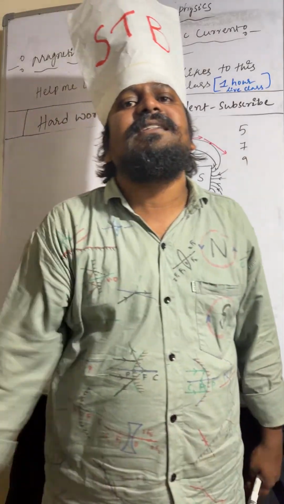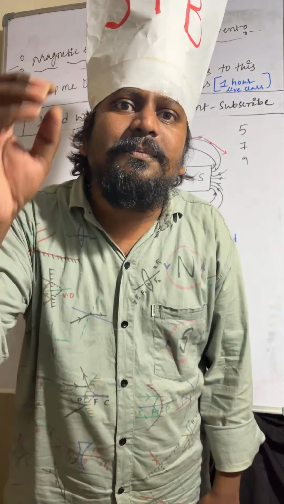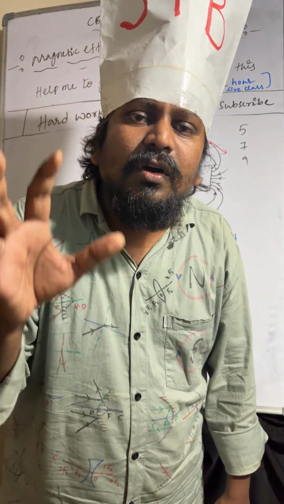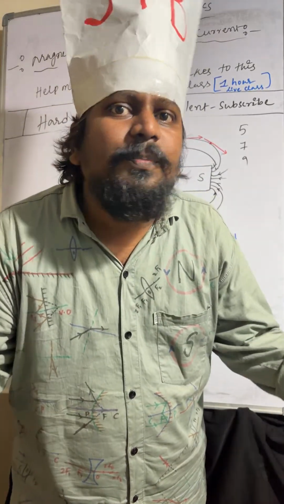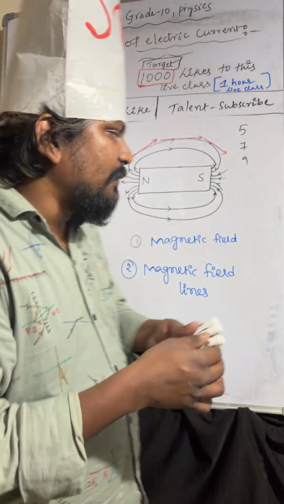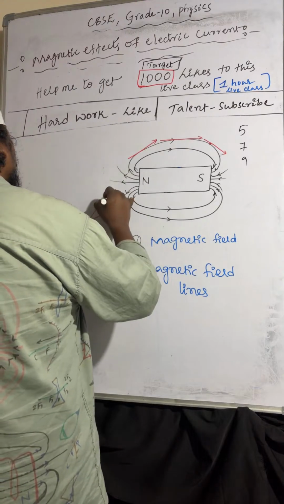Sir, if they intersect, what happens? At the point of intersection, the compass should show two directions at a time, which is not possible. You can observe here, this is one direction and this is another direction.